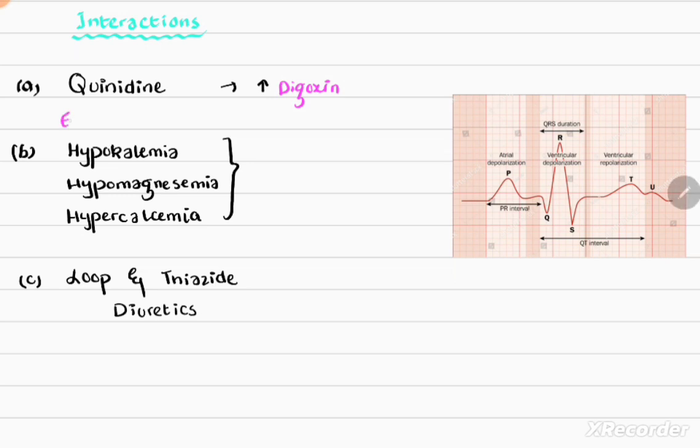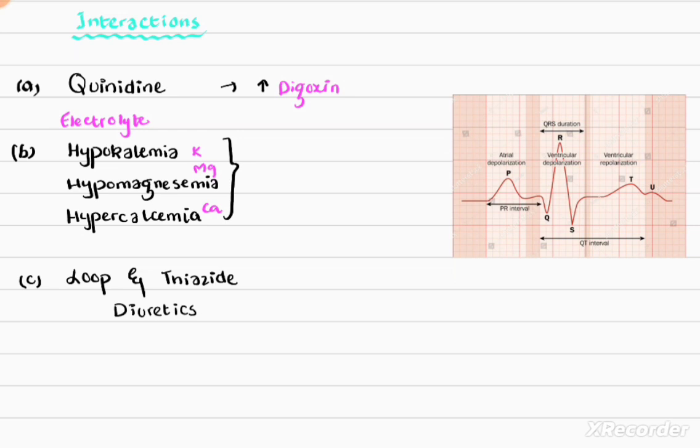If the patient has any electrolyte imbalance, which means if the patient has low potassium, or low magnesium, or low calcium, all these conditions will increase the arrhythmogenicity of the digoxin, and in this setting the digoxin will be more arrhythmogenic.